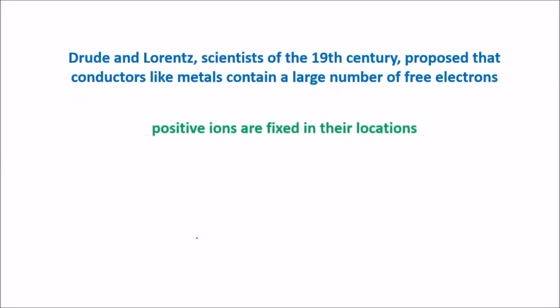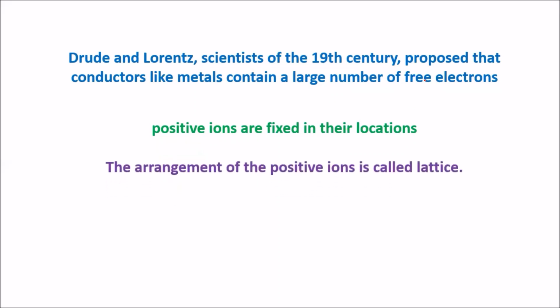Here, positive ions are fixed in their locations, and the arrangement of the positive ions is called lattice. Of course, this concept is not there in your 10th class CBSE textbook, but try to understand the concept. So in conductor, all positive ions are fixed. That fixed position is called lattice.